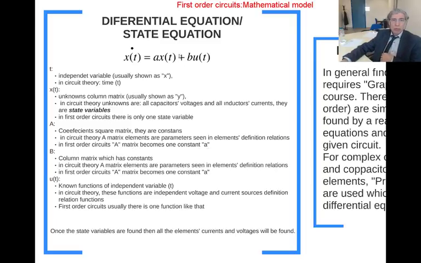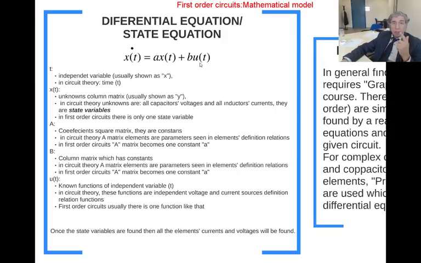B is a column matrix in general. It has constants. These constants are the parameters that we see in the definition relation of the elements. And this u(t) is the independent sources related variable. That means if it is an independent voltage source, we are going to see its voltage.